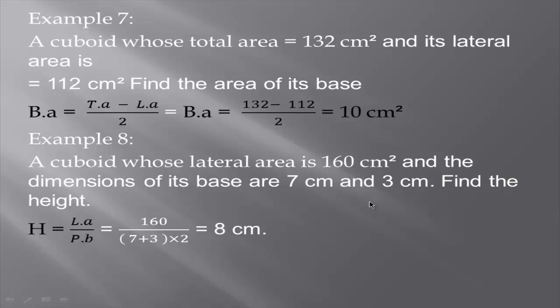As we mentioned in this application, we have found 2 different sides of the base, so we have a rectangle base. So, it will be 160 over (7 plus 3) times 2, for the base of the rectangle, equal to 8 centimeters. Why do we write centimeter here? Because he asked me about height. Height is just a length.